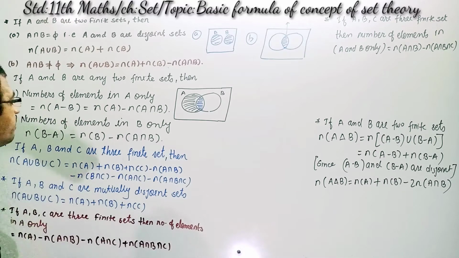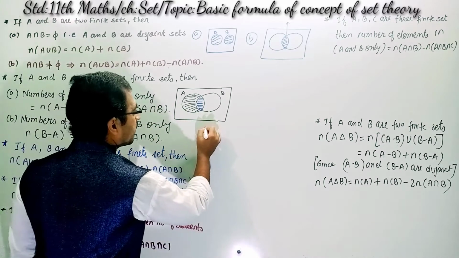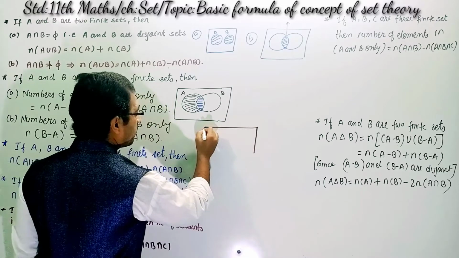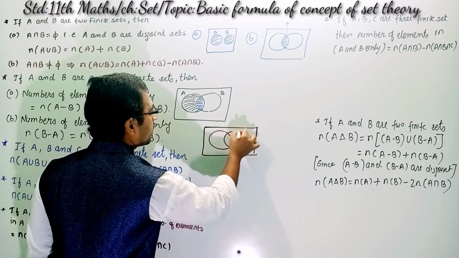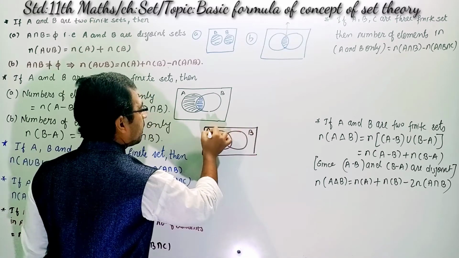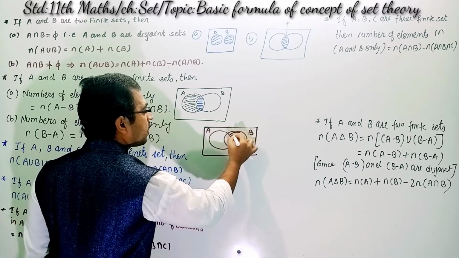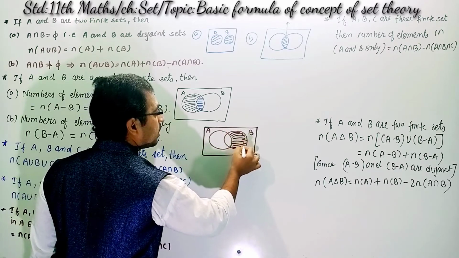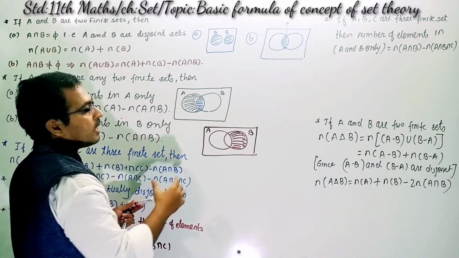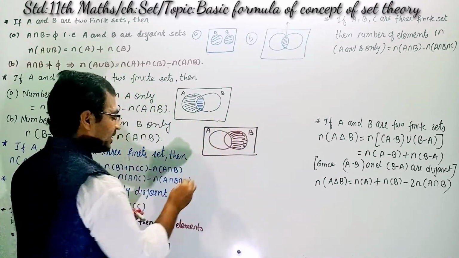Okay students? Now moving to the next, the number of elements of B only. So you can write what? Suppose you have two sets A and B, right students? You want to find out the number of elements of B only. So you want to find the elements which lie in this shaded region.